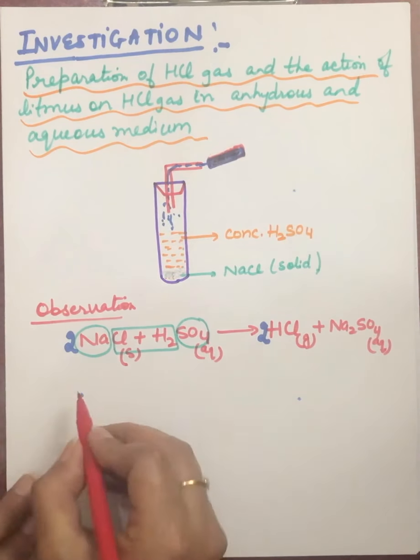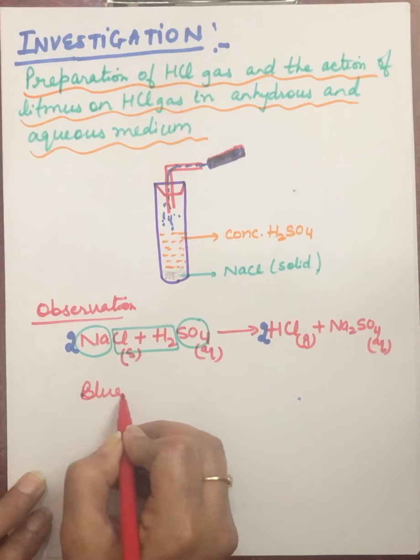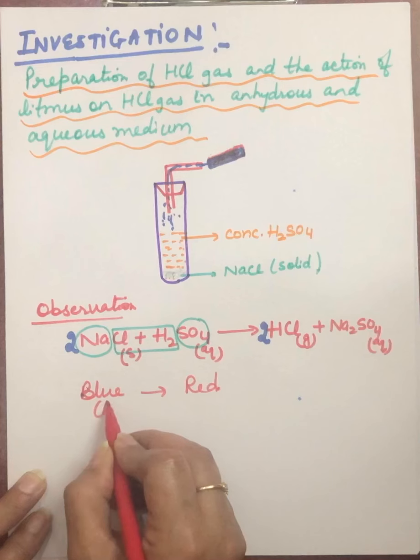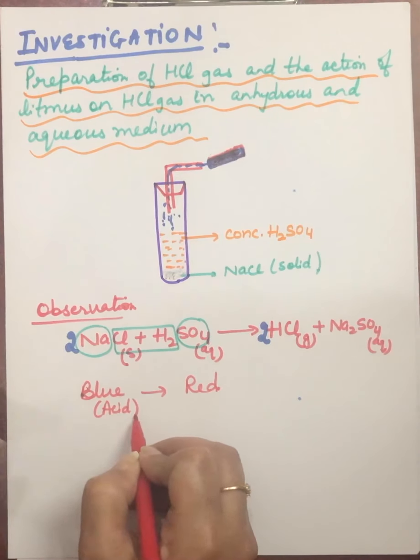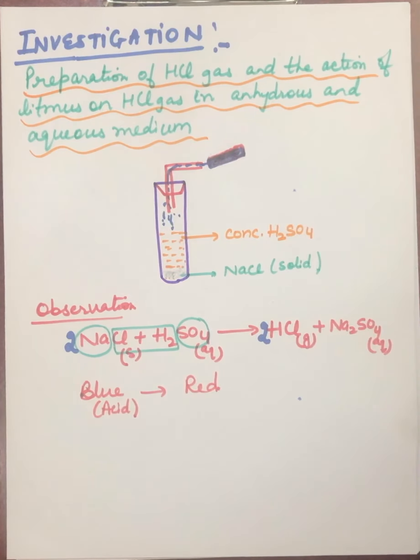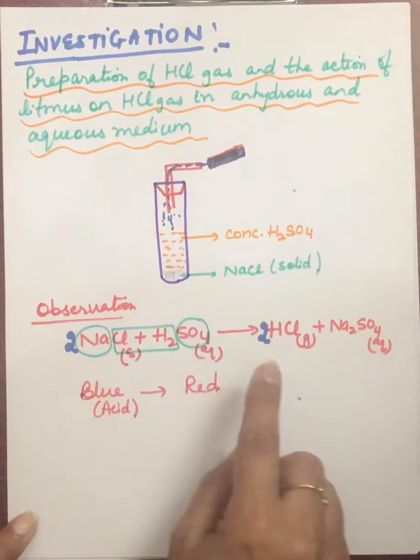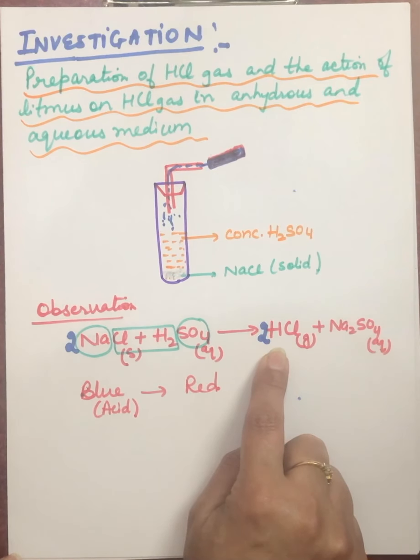Now we know blue litmus changes to red color only when it comes in contact with an acid. Then only its color will change. So here hydrochloric gas, HCl gas, is there. Why will the color of the blue litmus not change when we take it in dry form? Because for an acid to show its acidic behavior, water is required.